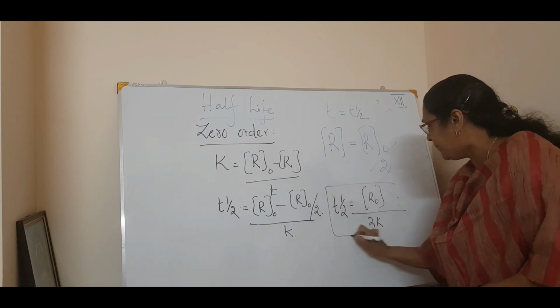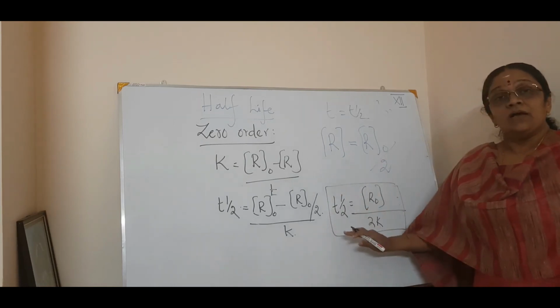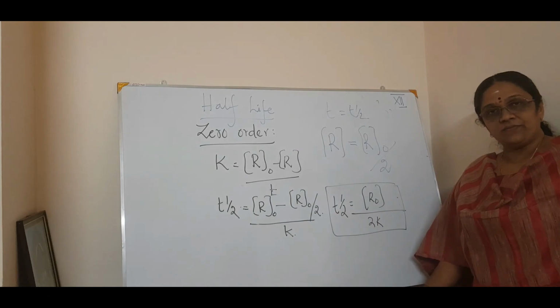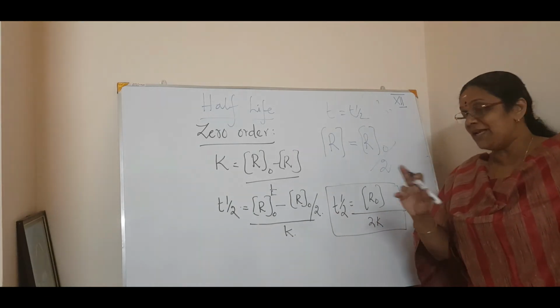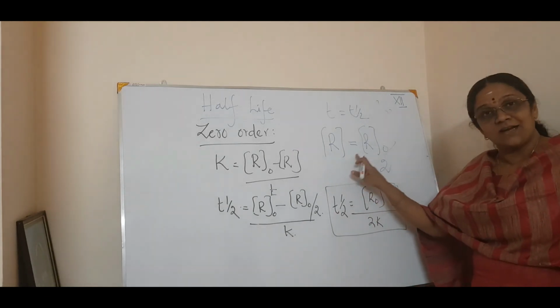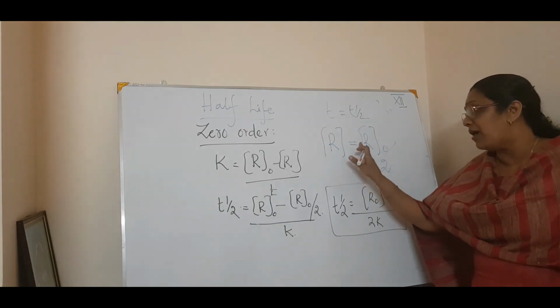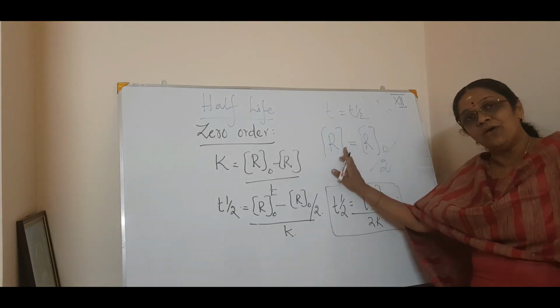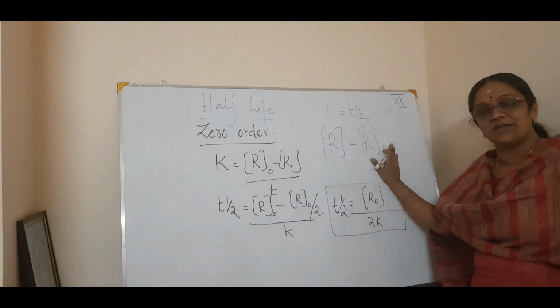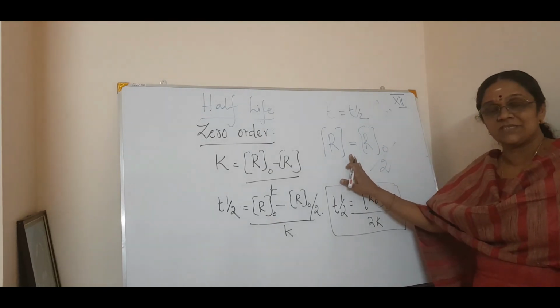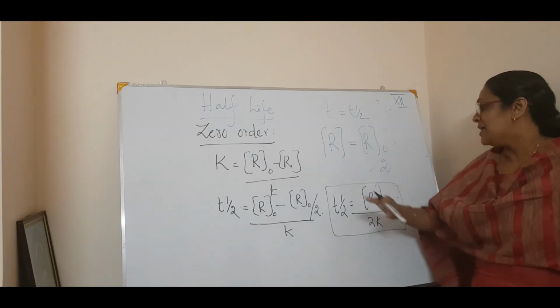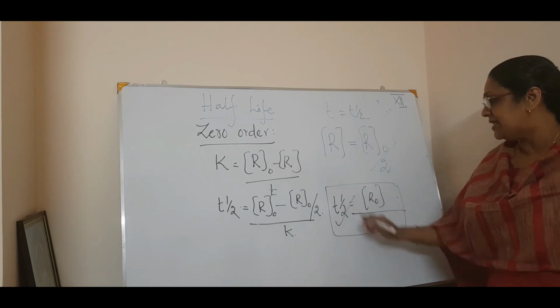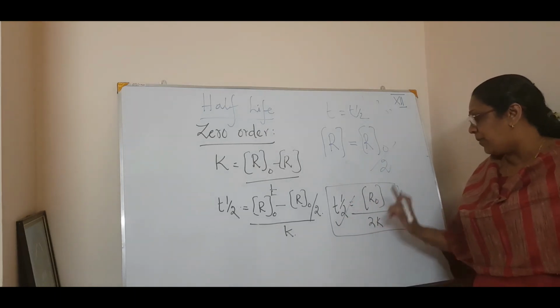This is very simple. This is the equation for T half. Once again I am telling you, the concentration of R is reduced to half of the initial concentration, not R0. Just keep in mind. So this is the equation, T half is equal to R0 by 2K.